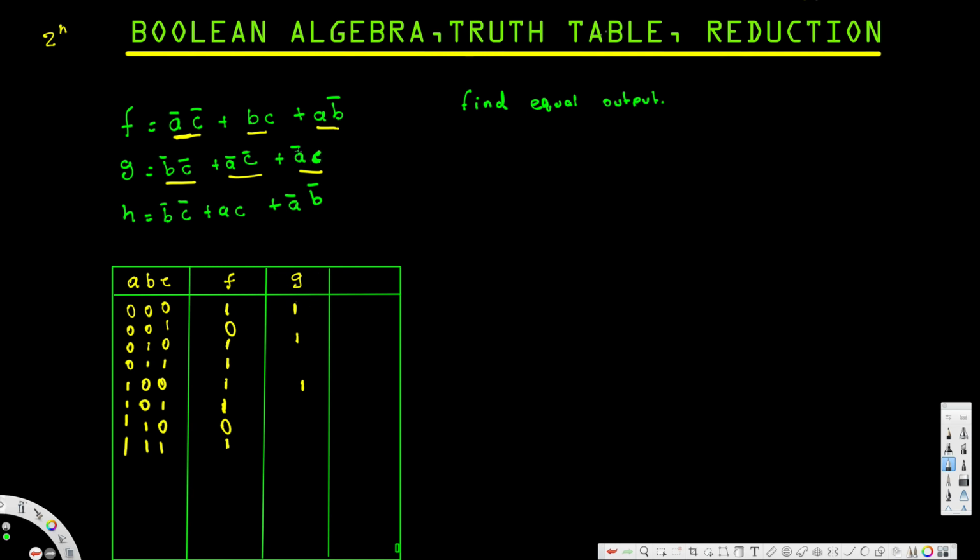A bar c, here we had to have a equal to 0, c equal to 1, right? A is equal to 0, c is equal to 1. This one is 1, okay? So those are the only things we have right now.